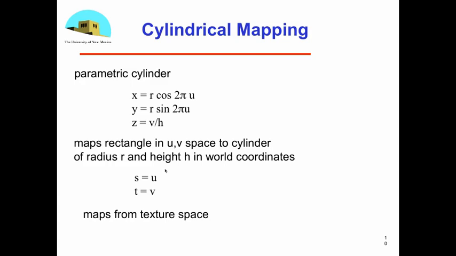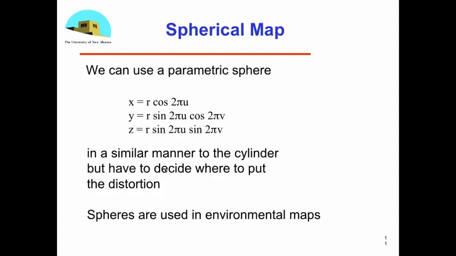Likewise, if I used a sphere as the intermediate object, I could use the sort of the longitude and latitude model of the sphere, which again is a two-parameter family. You can use u and v again here, and that for u and v, one of them going through 0 to 180 degrees and the other going through 360 degrees, you get all the x, y, z values of the sphere.